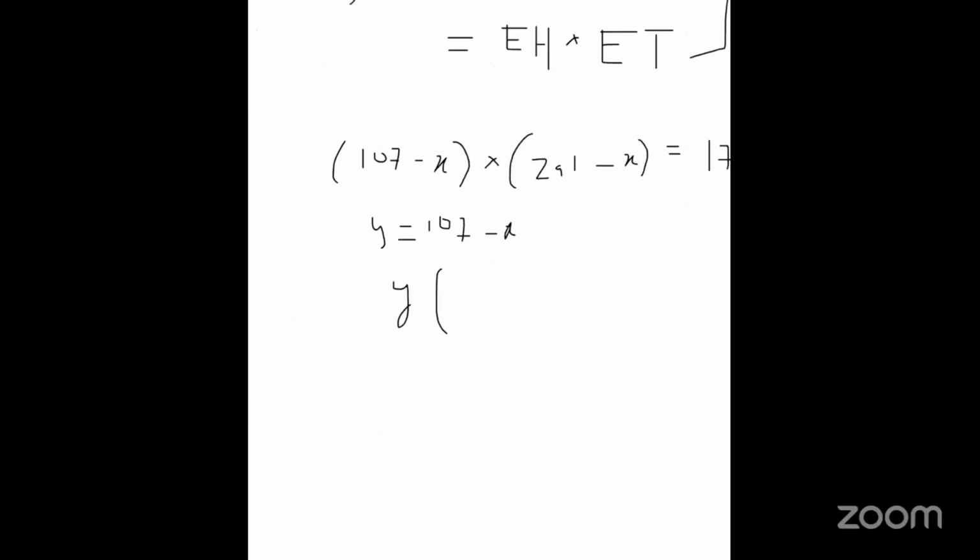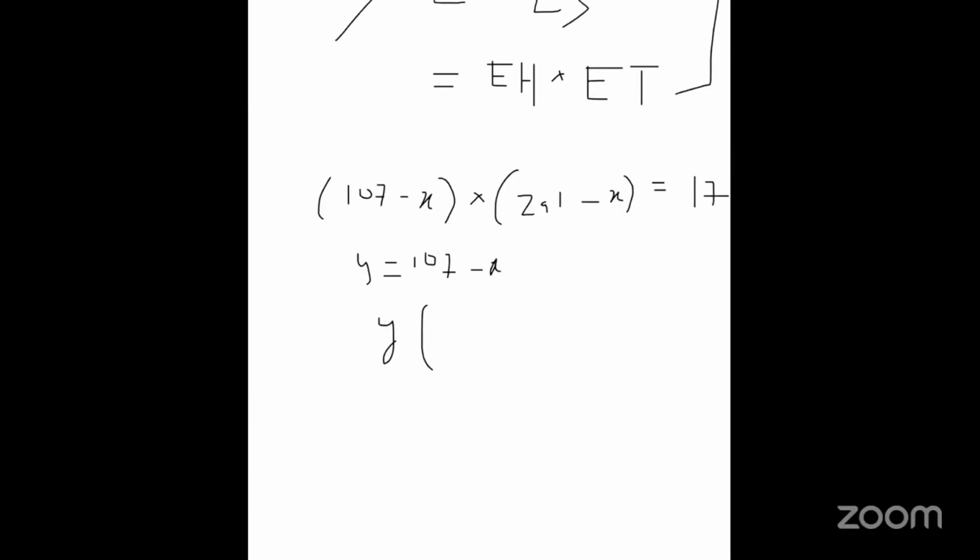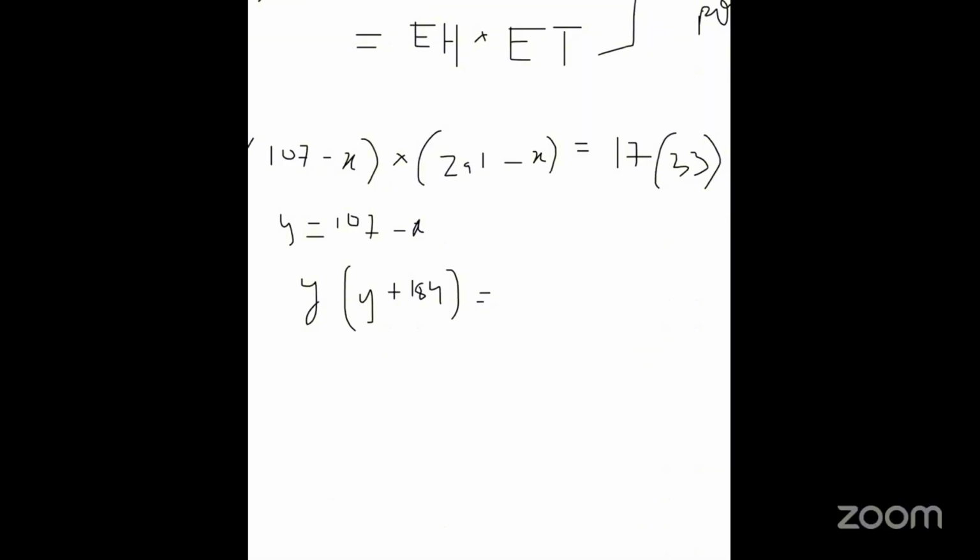Okay, so it's y times y plus 184 is equal to 17 times 33. So I can make it like 3 into 11 into 17. So even without solving the quadratic equation, you can kind of guess what's happening here, because 11 times 17 is 187.